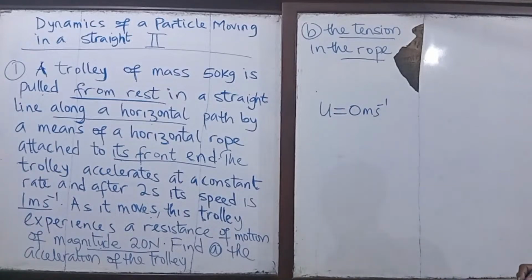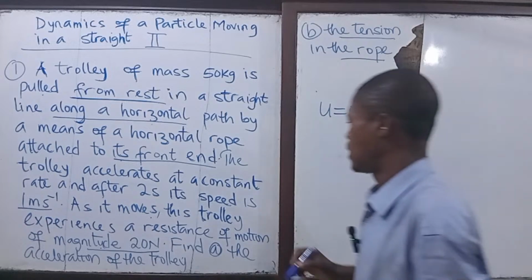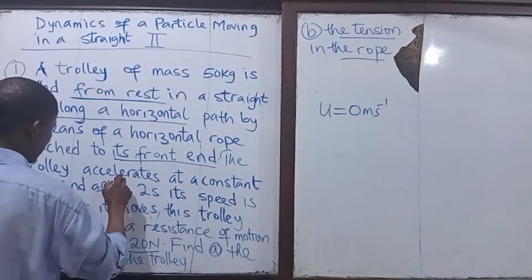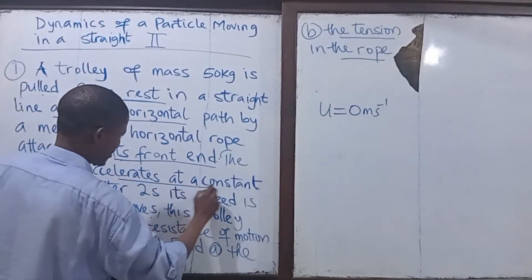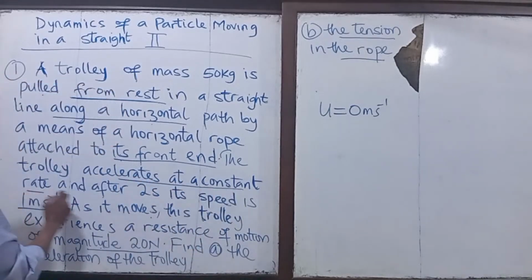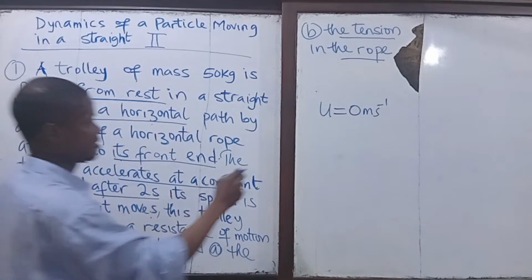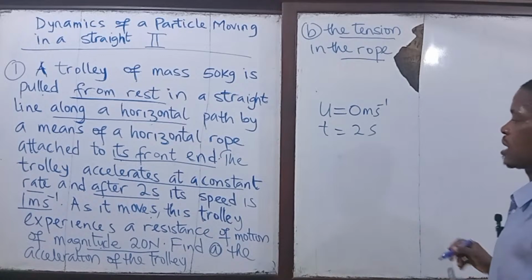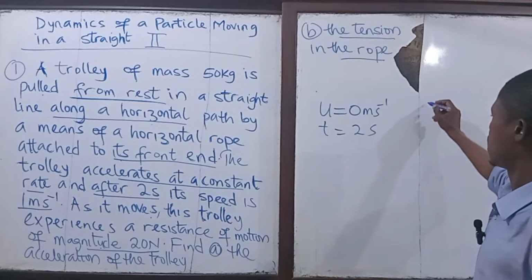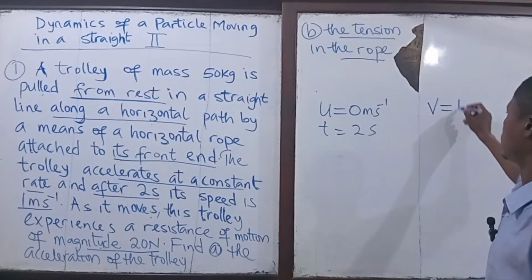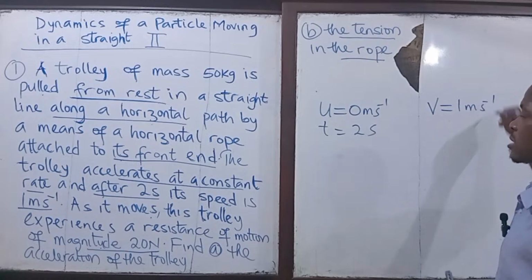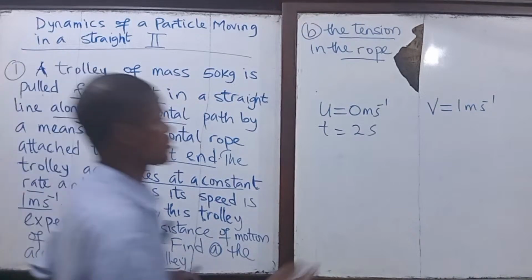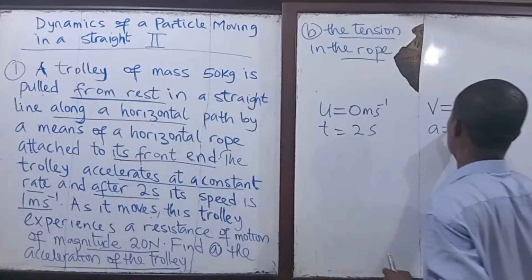We also have that it accelerates at a constant rate, and after 2 seconds, t is 2 seconds, and the final velocity is 1 meter per second. First, find the acceleration of the trolley. Acceleration is unknown, that's the question mark.